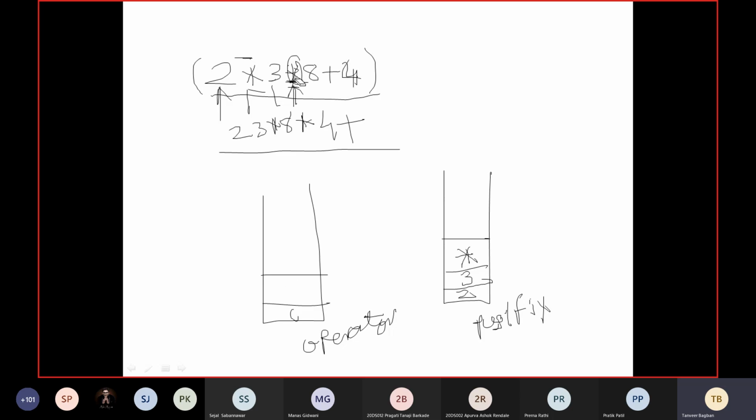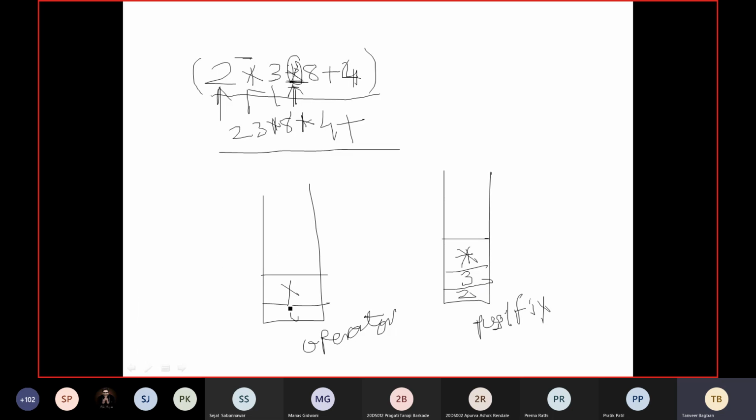Now after that, this multiplication is compared with opening parenthesis. Opening parenthesis always has a lower priority than multiplication. In that situation, what you do is push this multiplication on the top of this operator stack.